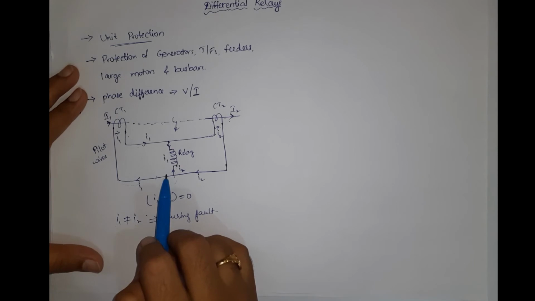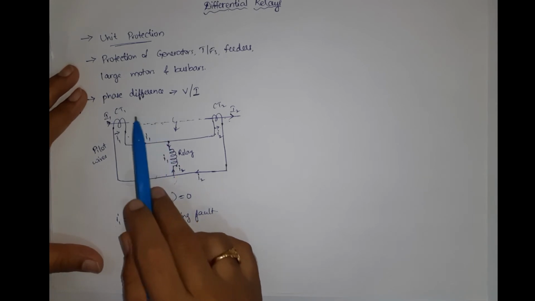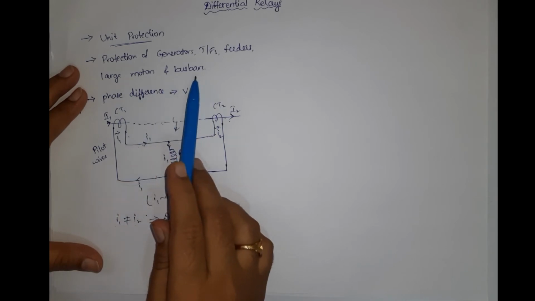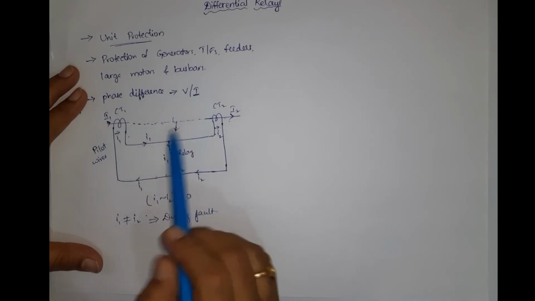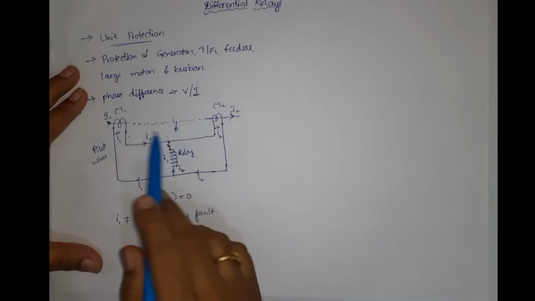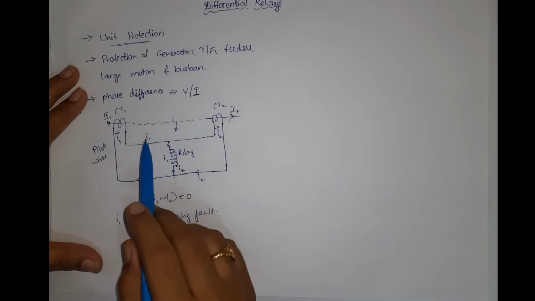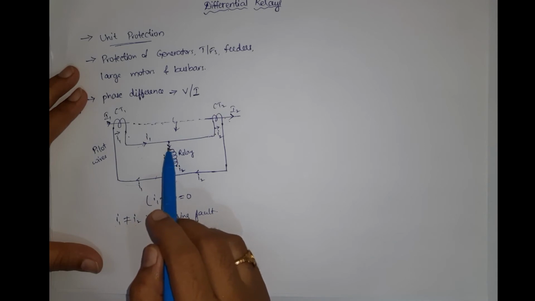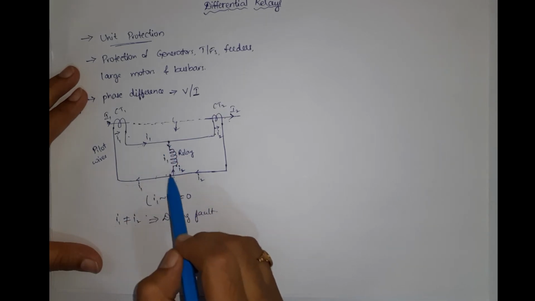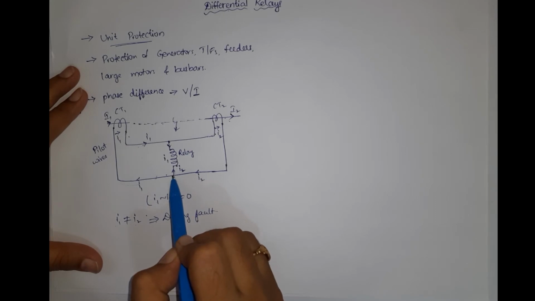So practically, if you take a power system, the unit that must be protected may be very large, in the case of feeders or bus bars. That means the length of the pilot wires that we are taking to protect that unit might be very large. So in case of such large systems, it is very difficult to calculate the equipotential point, right? So that is a problem.